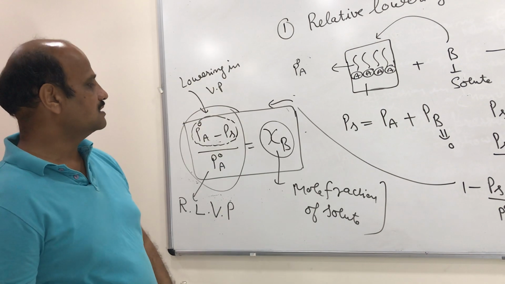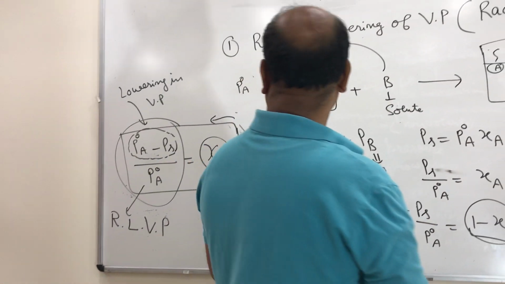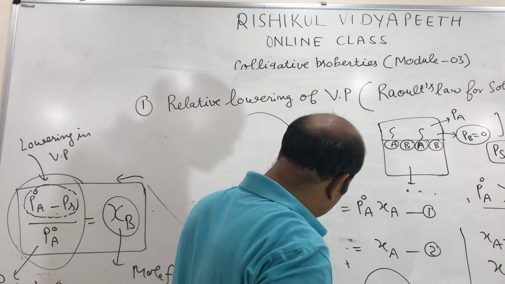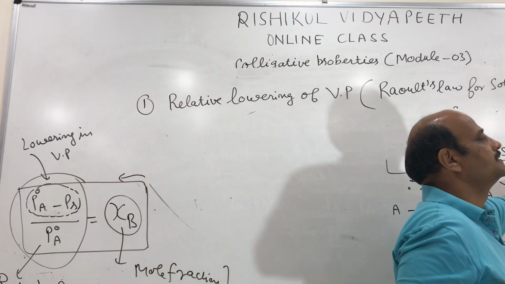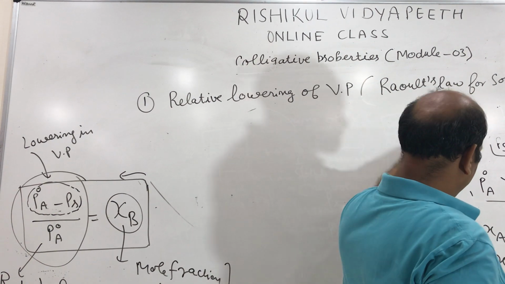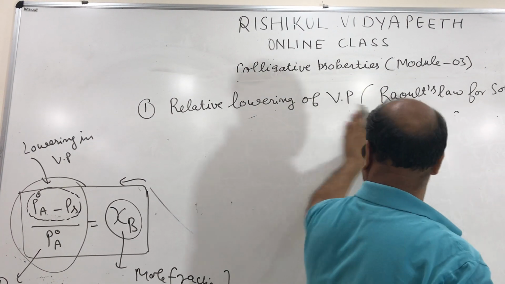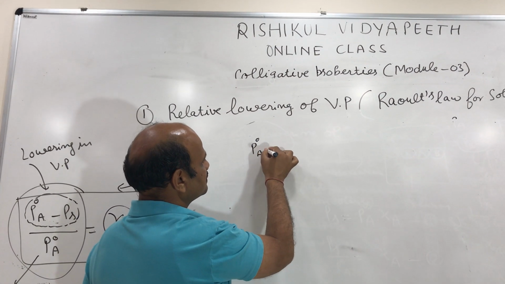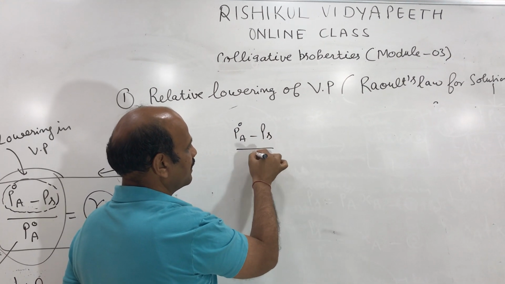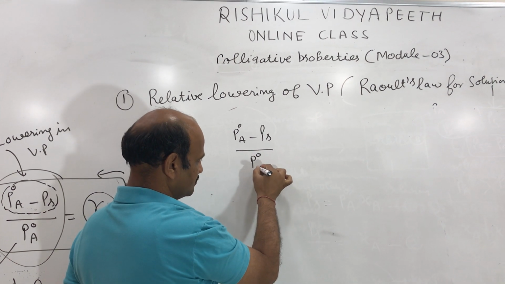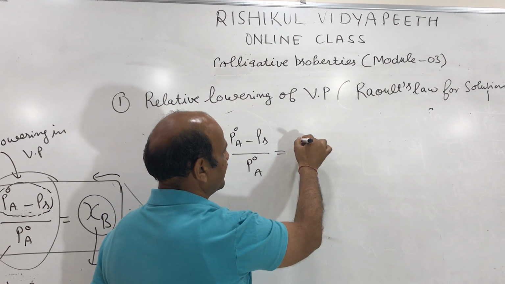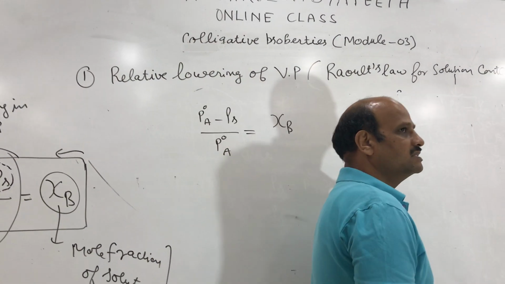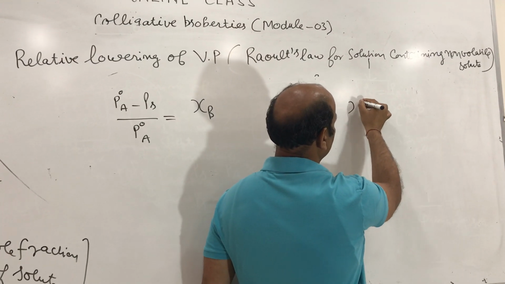So we can say this is a colligative property. Come here. P naught A minus PS upon P naught A equals XB. What is this? It is the mole fraction of solute.